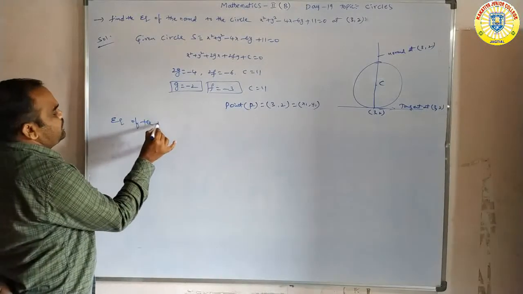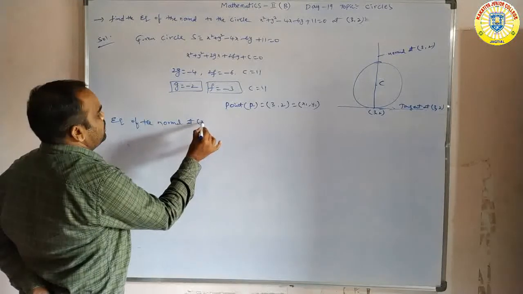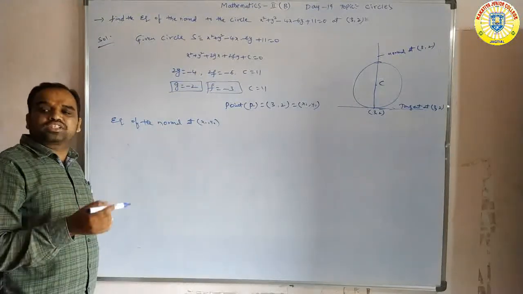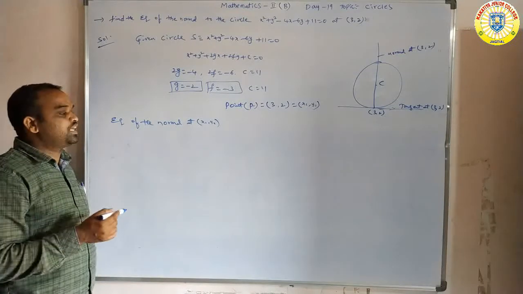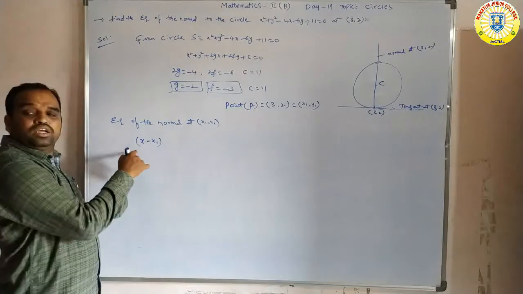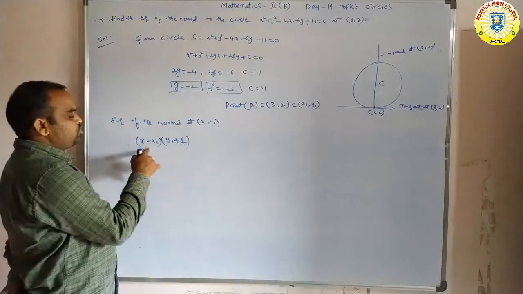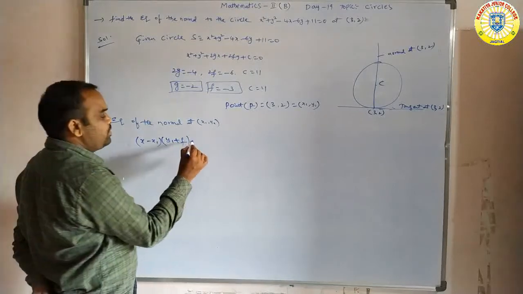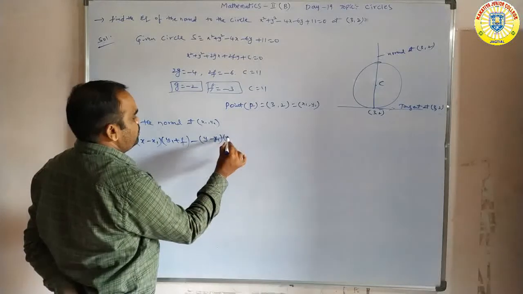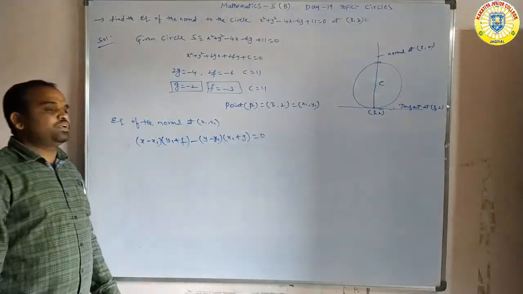Here we have the formula. The equation of the normal at x1 comma y1 is (x2 minus x1) into (y1 plus f) minus (y minus y1) into (x1 plus g) is equal to 0.